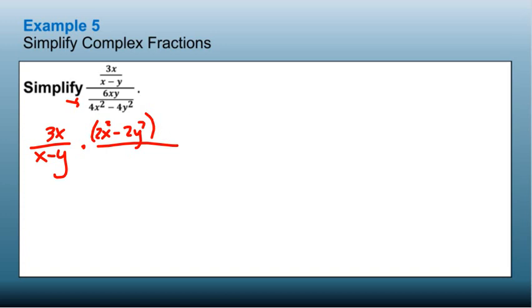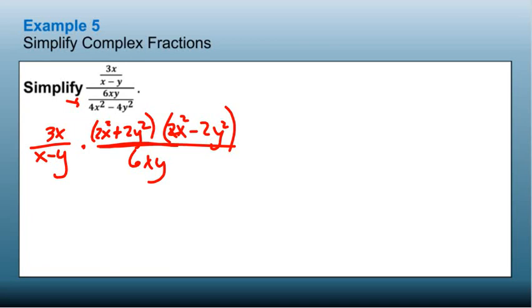I'm going to make that 2x squared plus 2y squared. And then I'll have a difference of squares left over. So that would be, actually, no, that would be 2x squared minus 2y squared. And then that's all going to be divided by 6xy.